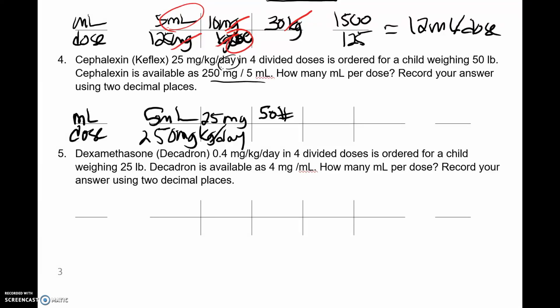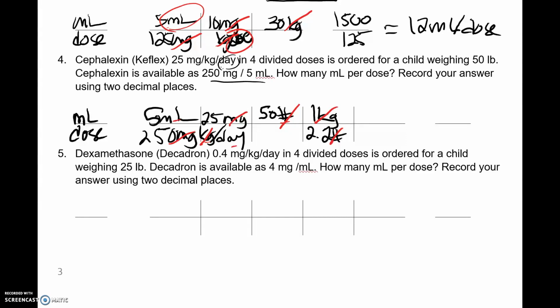Okay, so now when we start canceling, our milligrams cancel. We have kilograms and pounds. Let's see, 1 kilogram equals 2.2 pounds. And we are left with mLs per day.